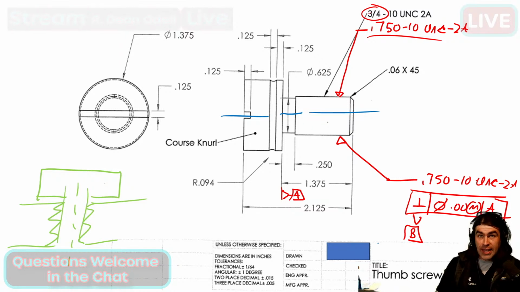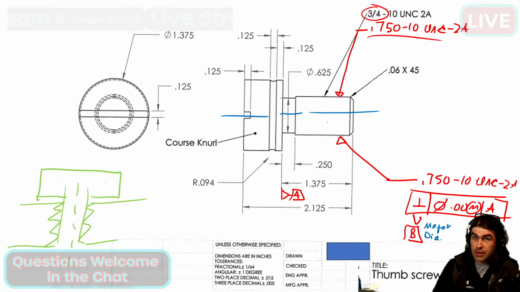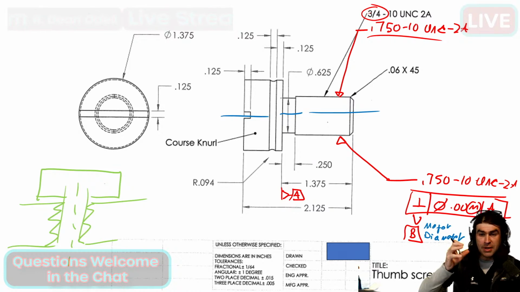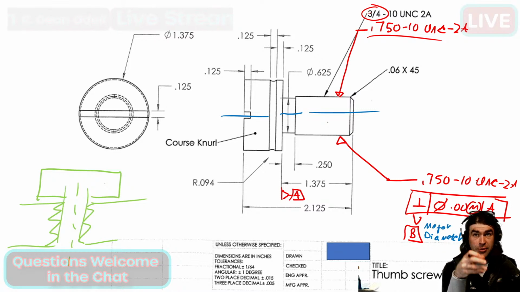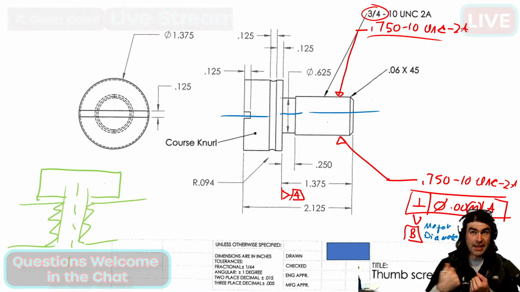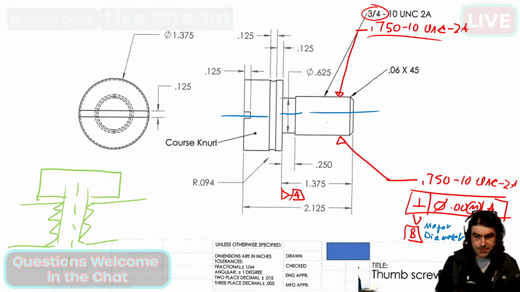Okay, datums A and B. What we could do to make this a little bit easier is to call this out at major diameter, and it just makes it a little bit easier to inspect. And in this case, it's totally fine because we're not necessarily threading it into something that's going to orient it in space. It's just going to thread into a bolt and provide that clamping force.